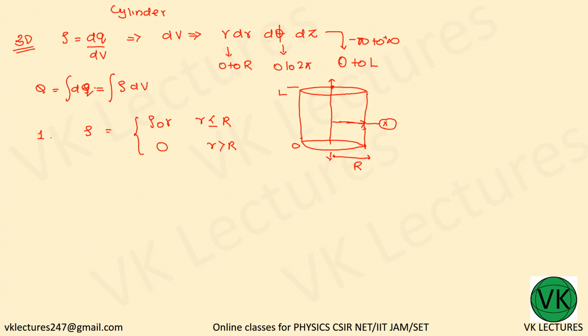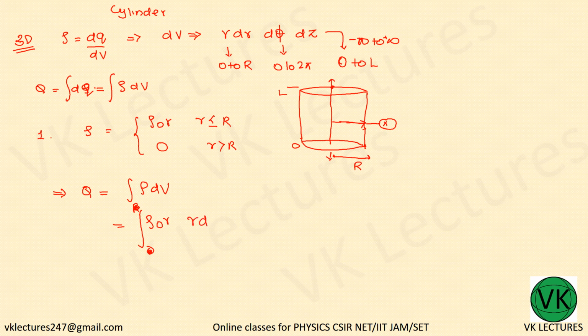So let us find out the total charge Q, which is equal to the integral of rho dV, that is rho naught r, with r varying from 0 to capital R. We will write down the other quantities: rho naught r into r dr d phi dz.